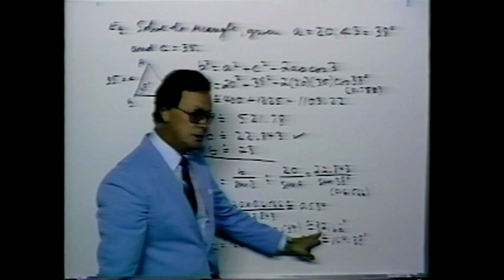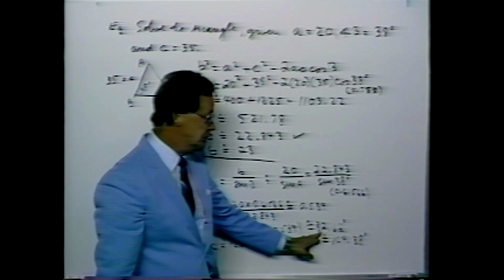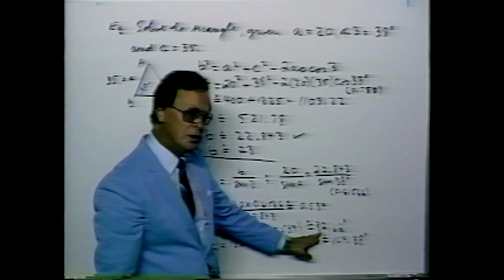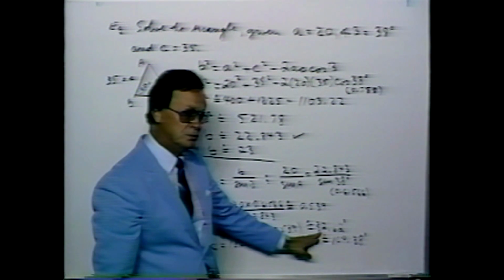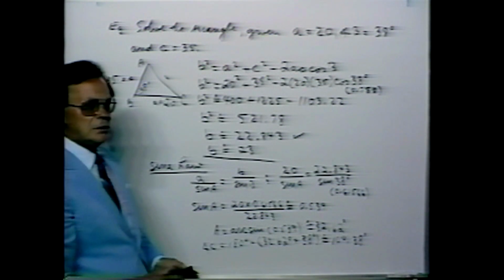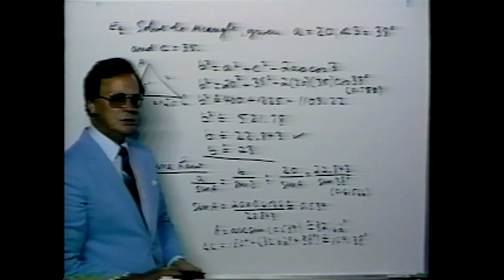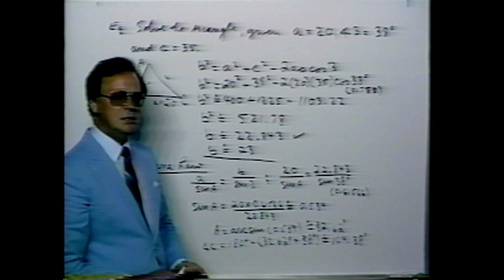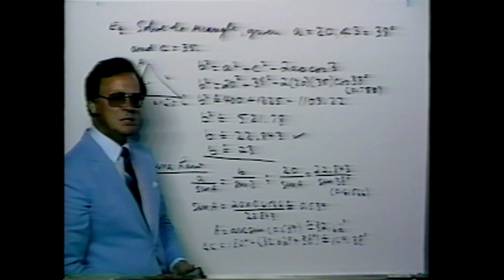In other words, this answer, as well as being 32.62 degrees, could have also been 147.38 degrees. But which one is it? There is a proposition in elementary Euclidean geometry that states that opposite the smallest side is the smallest angle.